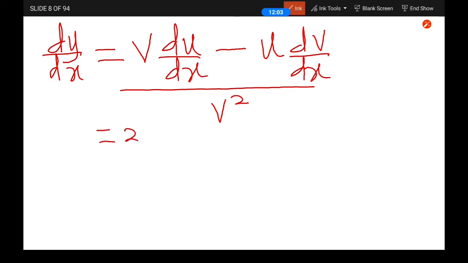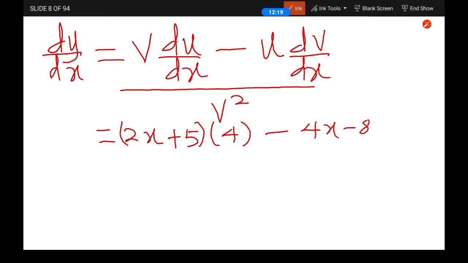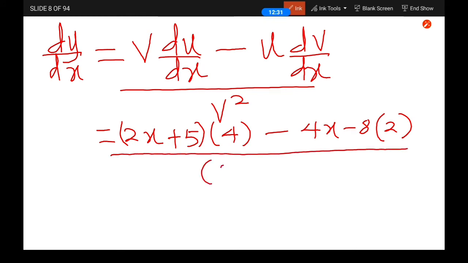Our v was 2x plus 5, right? Then times du dx, we got 4. Minus u, which was 4x minus 8. And my dv dx that we got was 2. That means if you differentiate the denominator, you can pause the video and go back to see. And my denominator was 2x plus 5. Be very careful with this negative.